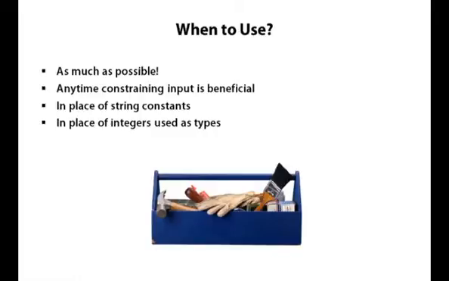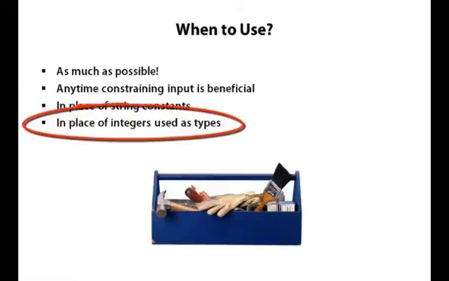If I had to kind of give two general rules of when to use an enumeration, one would be in place of string constants. So any place that you're putting some constants in your code that are strings, and you're going to have to do any kind of comparison of them, that's probably a good place to use an enumeration. And then the other one is when you're using integers as types.